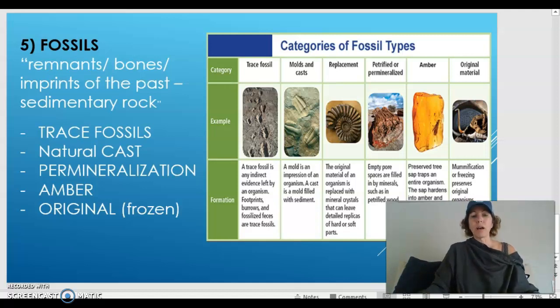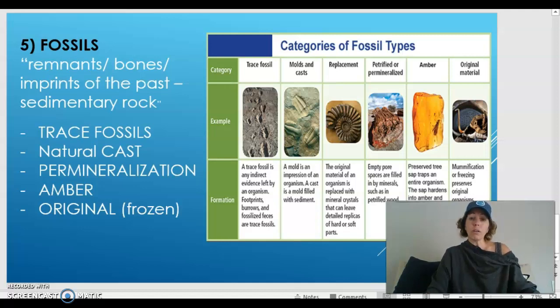The last is the original. So this is like the classic woolly mammoth found in frozen ice. Or maybe mummies, where we actually have the actual people that have been mummified, whether it was in a bog or frozen or whatnot. We actually have the original remains.